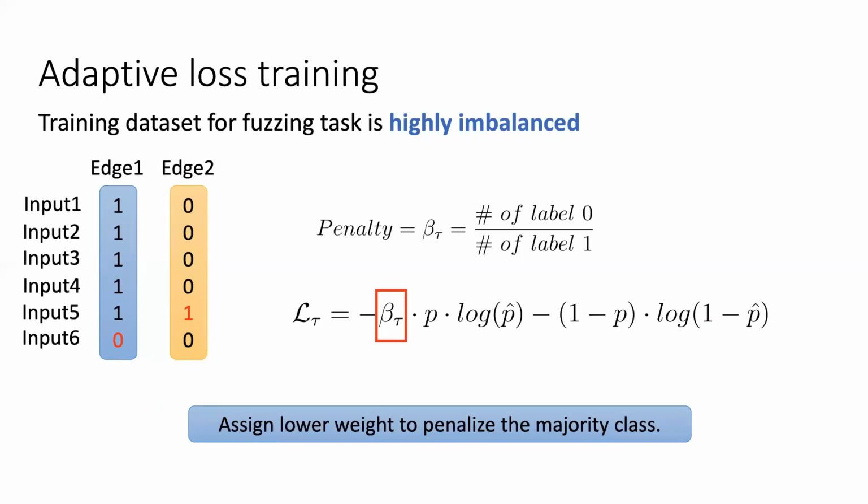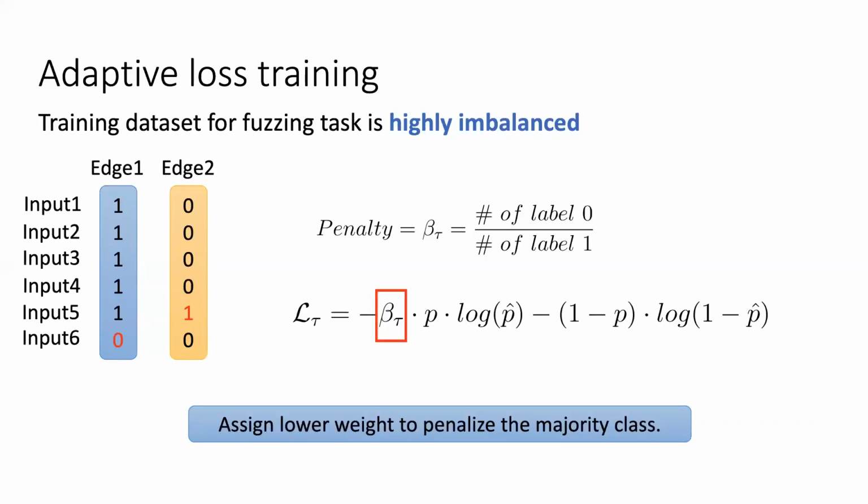Say we have two edges, edge 1 and edge 2, and we have 6 inputs, input 1, input 2, till input 6. If you look at the bitmap, you can find for edge 1, 5 out of 6 inputs have label 1, and only 1 input has label 0. Similar thing happened for edge 2.